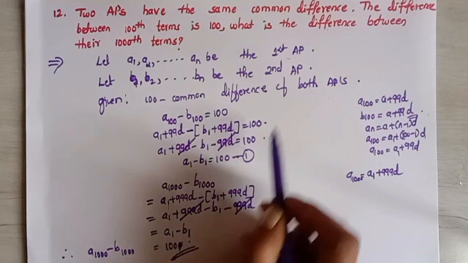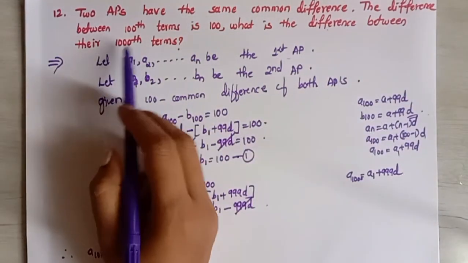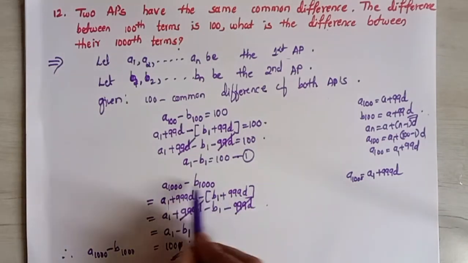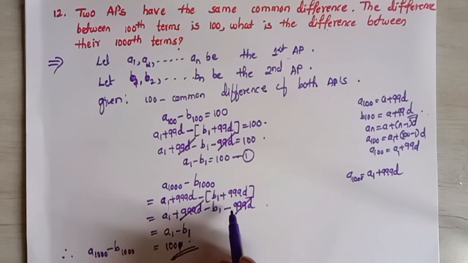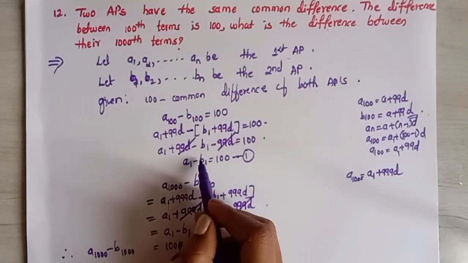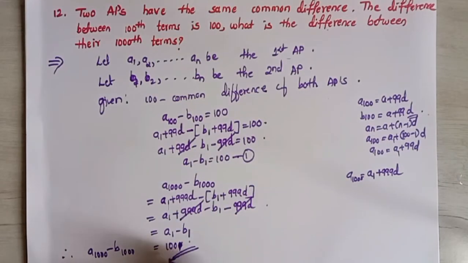After this, we have to find the difference between the 1000th terms. So, the 1000th term difference is A1000 minus B1000. After substituting all the formulae, we will get A1 minus B1. So, from equation number 1, we got A1 minus B1 as 100. So, A1000 minus B1000 is equal to 100. This is the required answer.